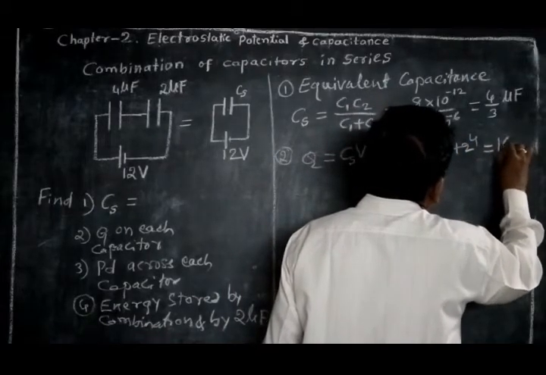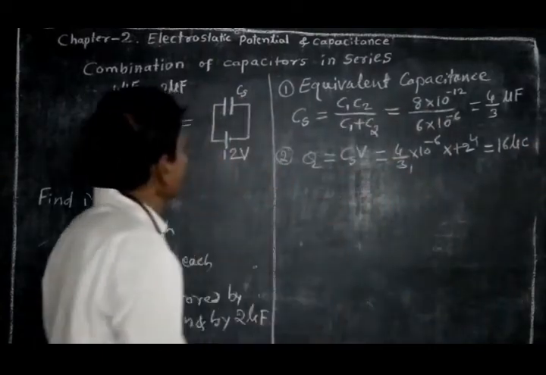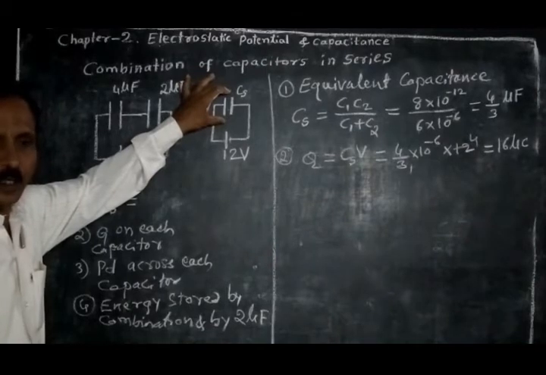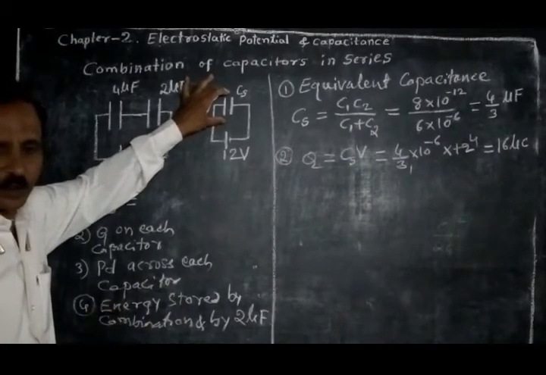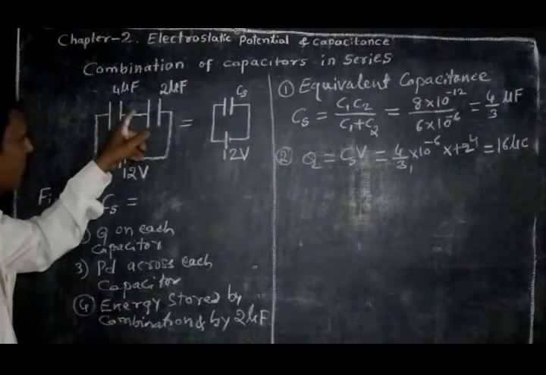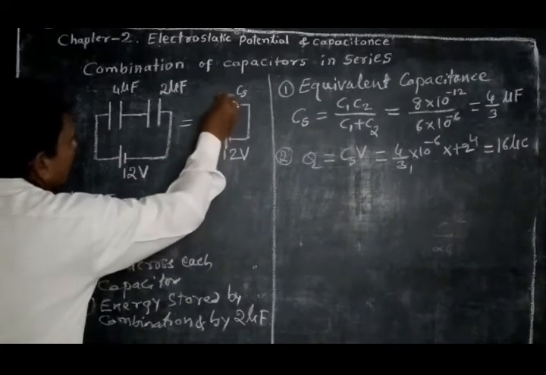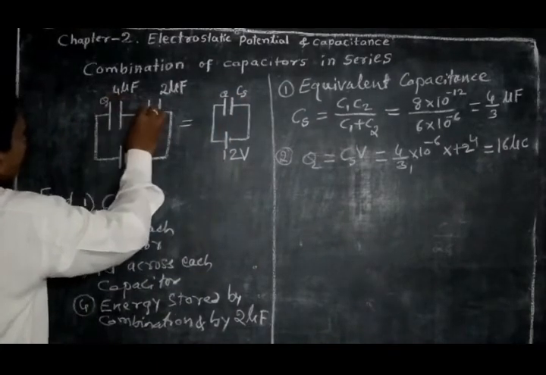16 microcoulomb charge is stored by a single capacitor. And according to the law of series combination of capacitors, the same charge is stored on each capacitor. The charge stored by this capacitor Q remains the same.